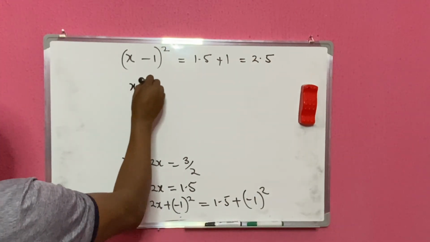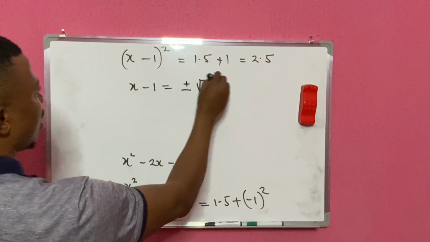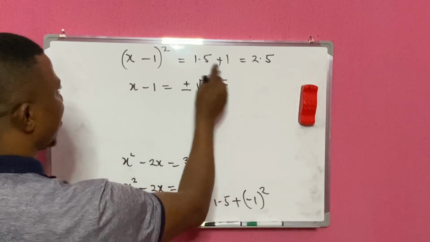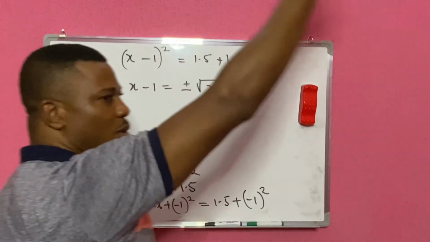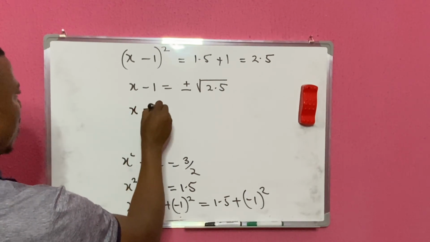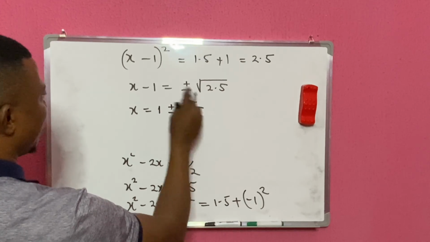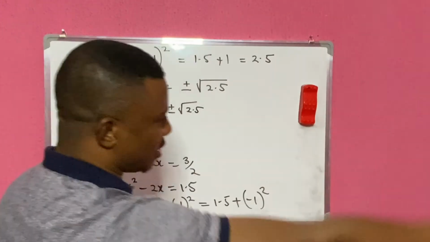Now, x minus 1 is equal to plus or minus square root of 2.5. When I move the square across the equality sign, x is equal to 1 plus or minus root 2.5, when I move minus 1 across the equality sign.